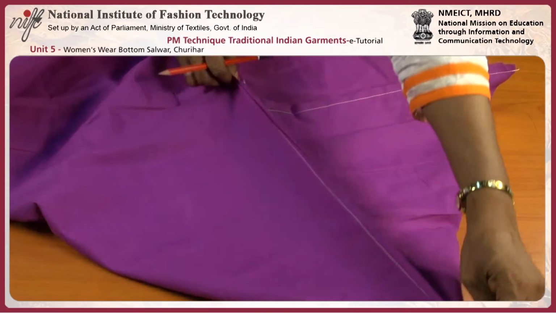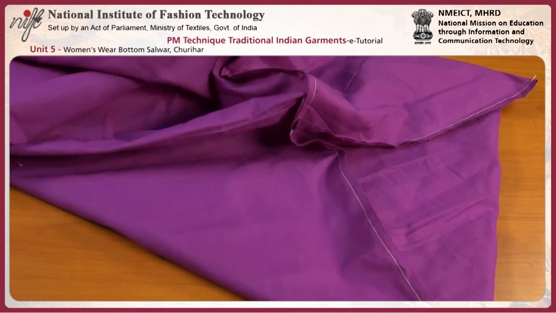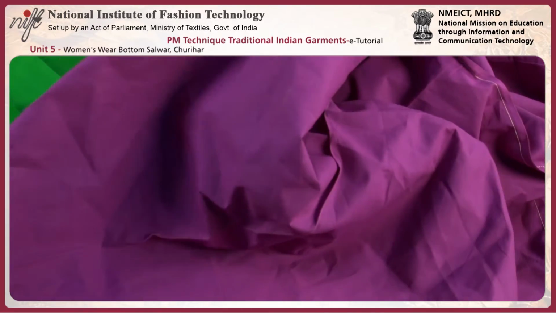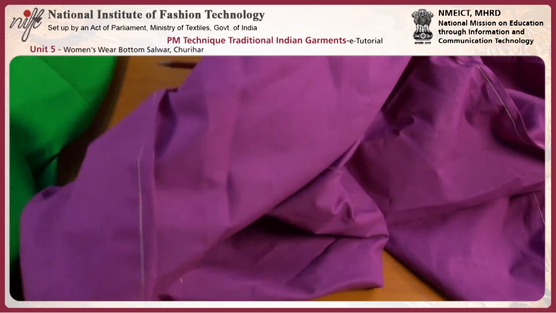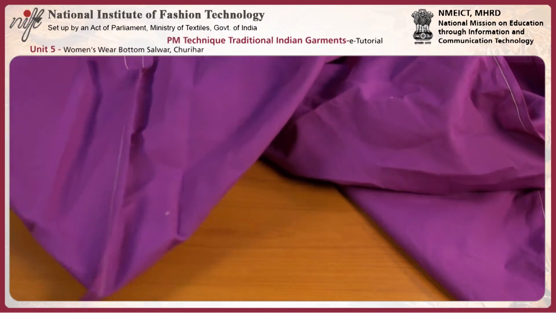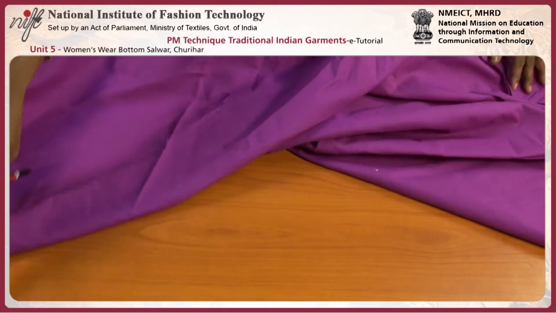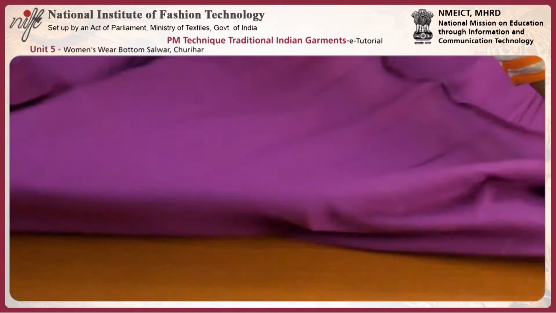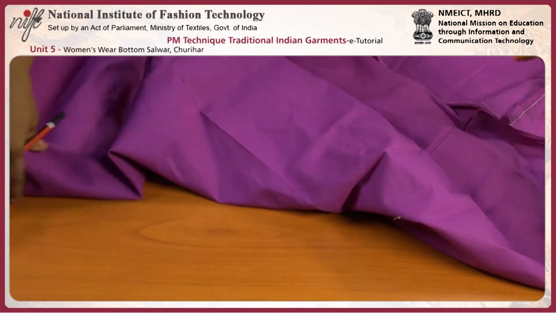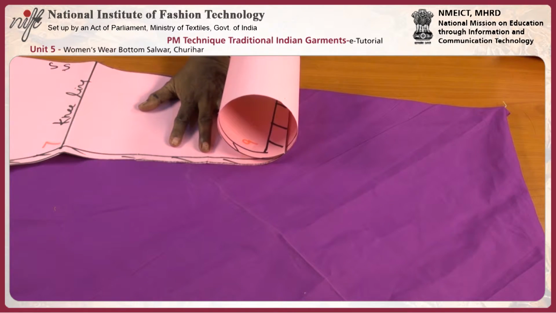Then we stitch the selvage along with the selvage to the entire length of the fabric, which is required to the length of it. So we may get now a square kind of a fabric, the crotch and hip line.